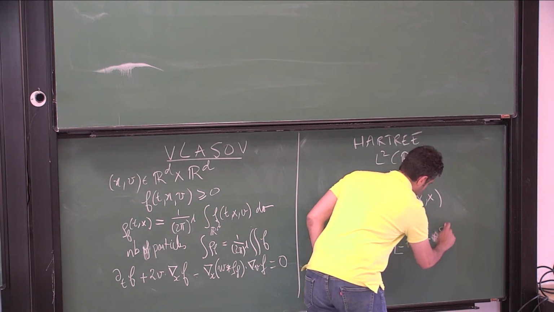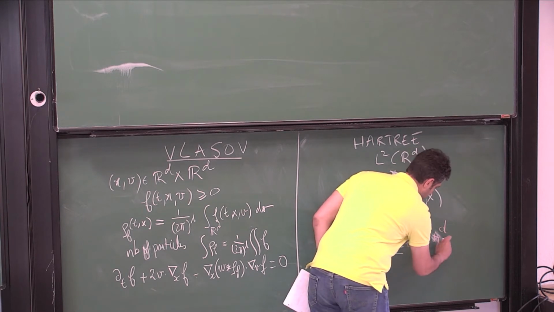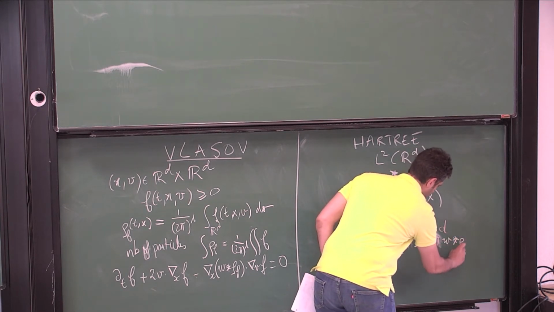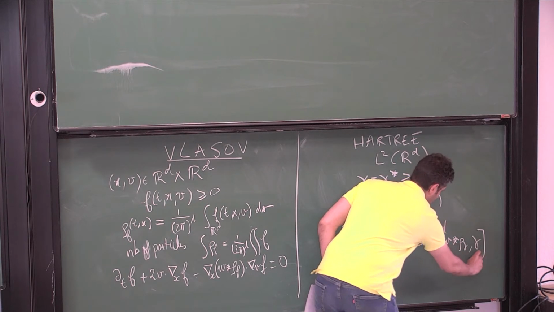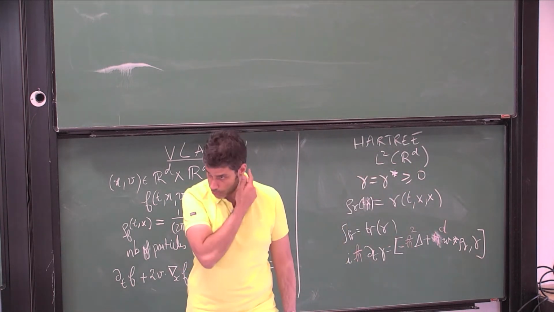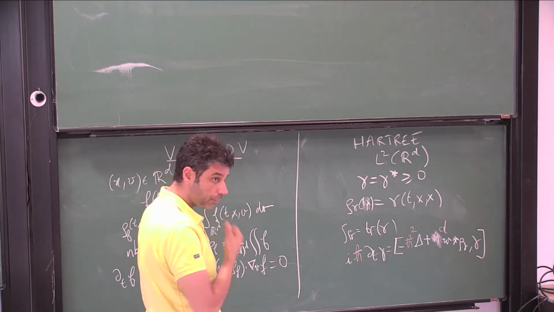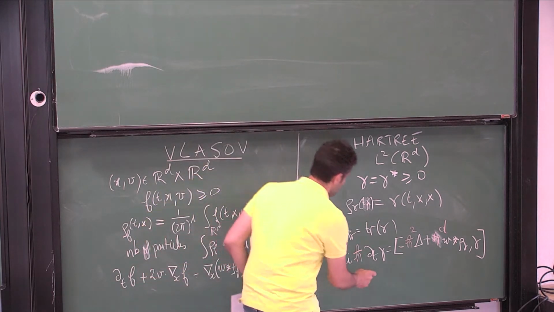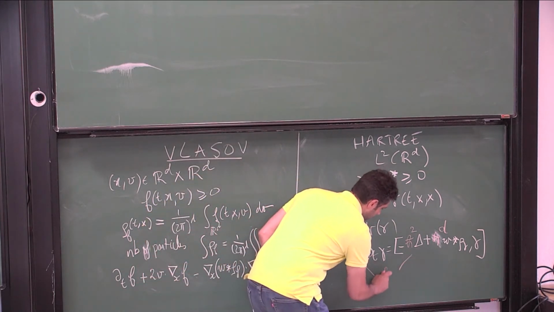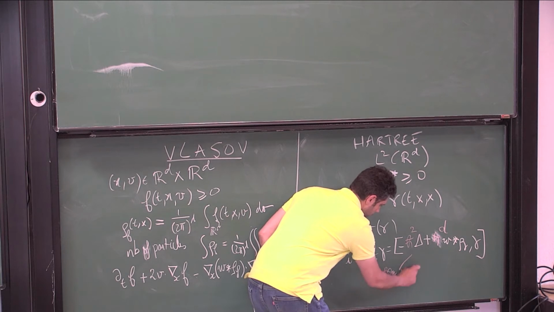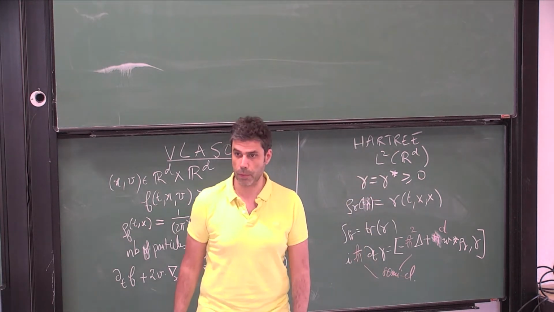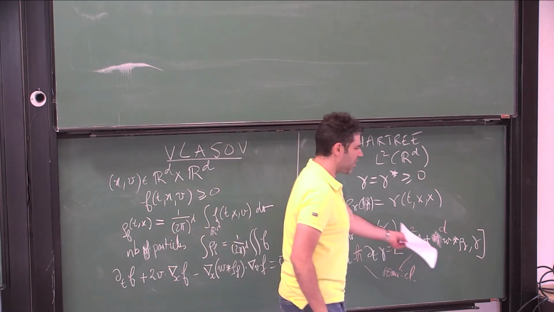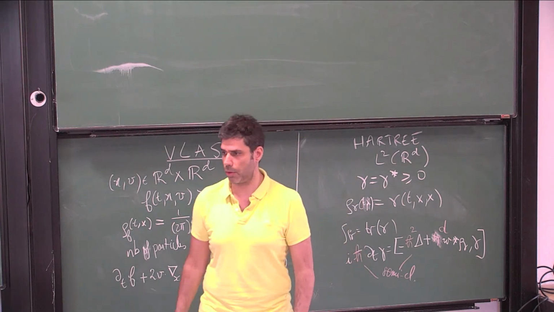So there will be an h bar to the d, and then W convolved with the rho gamma, everything commutator with gamma. Okay, so I've put lots of h bars. So these 2 h bars here are really because we will do a semi-classical limit. Okay, and the other h bar is more of a mean field type.